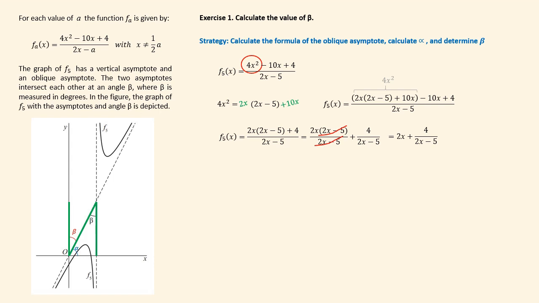Now focusing on this second term, 4 divided by 2x minus 5, if the x goes to plus or minus infinity, then this entire term would be 0. And therefore, the equation of the oblique asymptote would be y equals 2x, 2x being the remaining term right here.